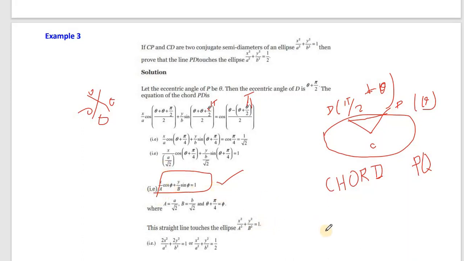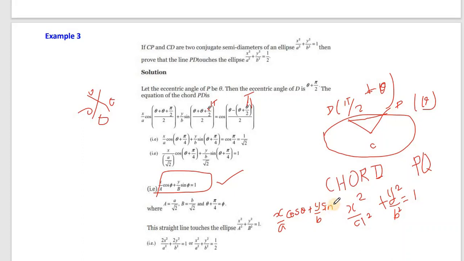See, we know the standard form. In general, when I am given x square by a square plus y square by b square, this we have already arrived at. But what is known to us, if that is the equation of ellipse, then the equation of the tangent at theta is given by x by a cos theta plus y by b sin theta is equal to 1.